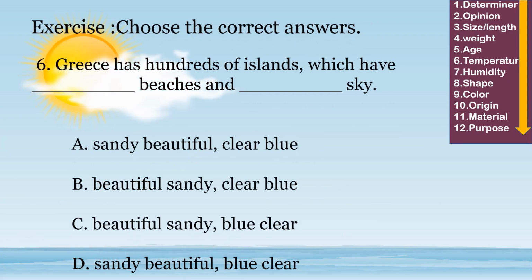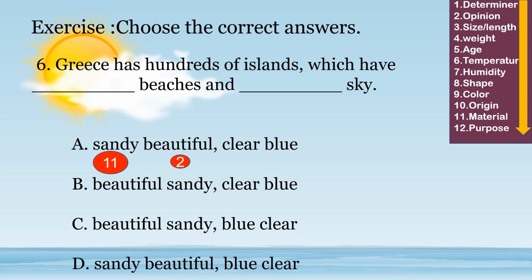Okay, now let's try question number 6. Greece has hundreds of islands which have blank beaches and blank sky. Okay, let's number the adjectives based on the order of adjectives. Sandy is material, so it's in position 11. Beautiful is opinion, so it's 2.